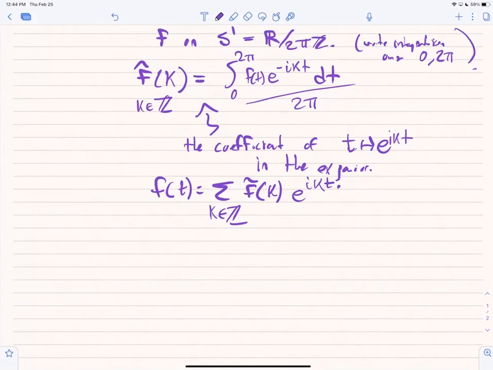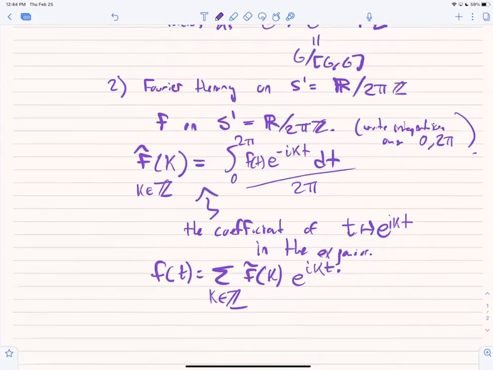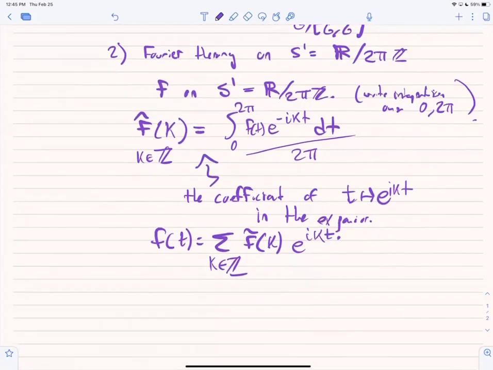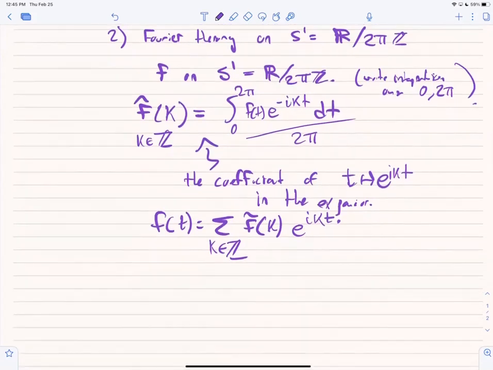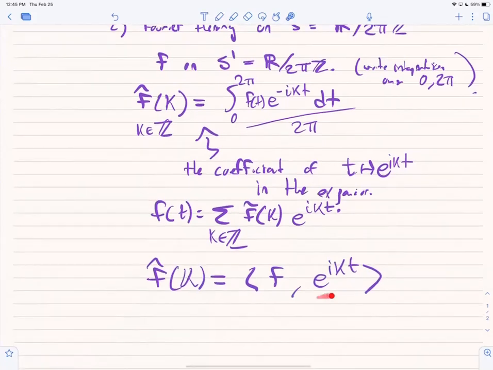When you see it in this way, it can seem like a mysterious thing is happening, and this is not anything mysterious at all. This f hat of k is just the inner product of your function f with e to the ikt. These e to the ikt are your basis vectors, your orthonormal basis.